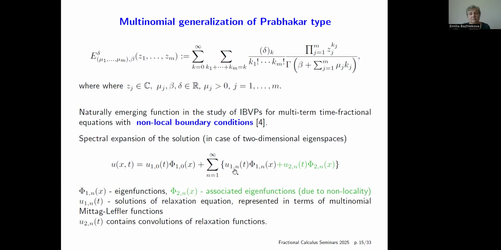And the first time-dependent component can be represented in terms of multinomial Mittag-Leffler functions of Luchko, but the second term contains convolutions of such functions, so that it was necessary to define these functions.